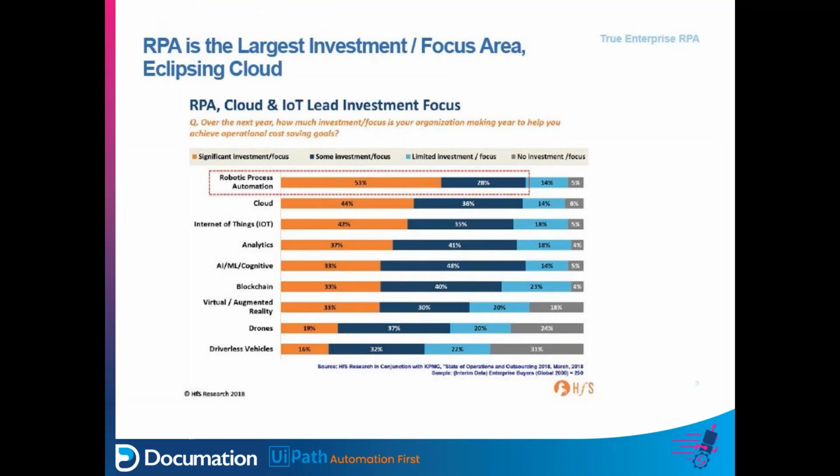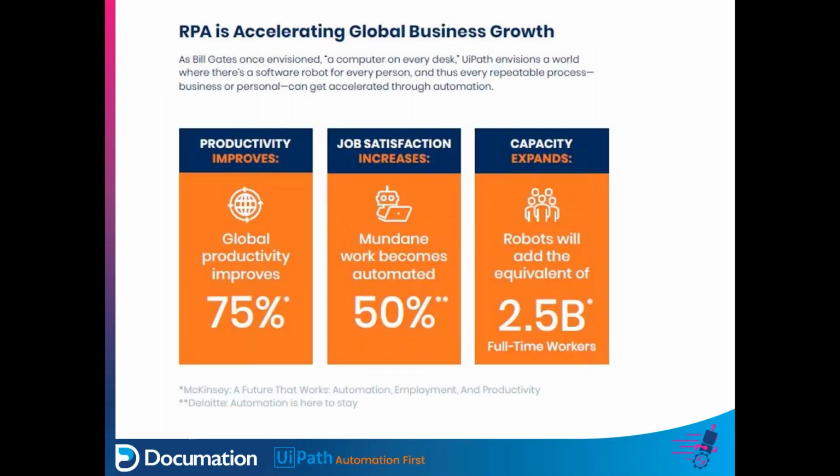So it's not surprising that we find that right now RPA is the largest investment and focus area for many companies in terms of their IT spend, eclipsing even the cloud as a method of automating, and that's where investment is going for many, many companies.